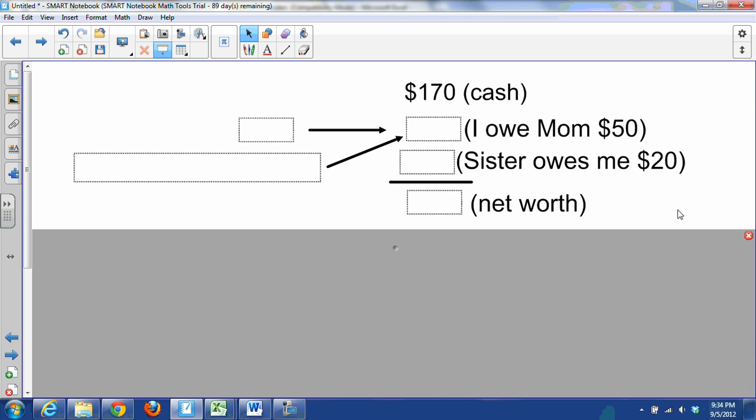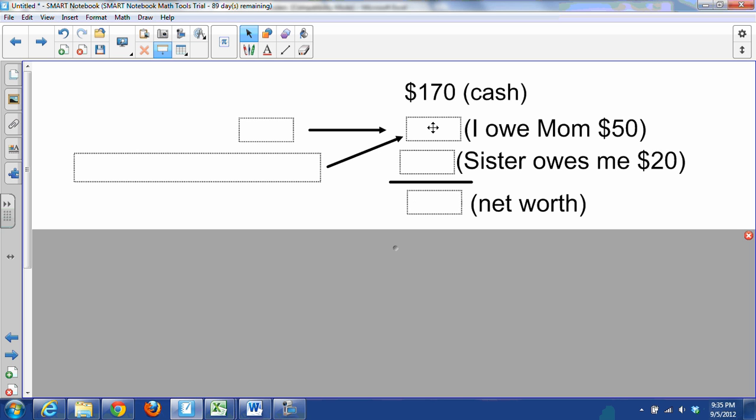Not how much cash do you have, but what are you essentially worth if you've got $170 of cash, you owe your mom $50, your sister owes you $20. How much are you worth? I would suggest that you pause the video and figure that out, and then continue it. Okay, well, let's look at this.